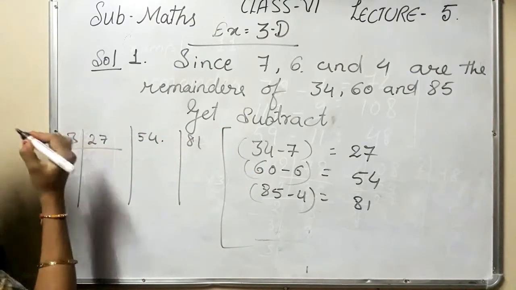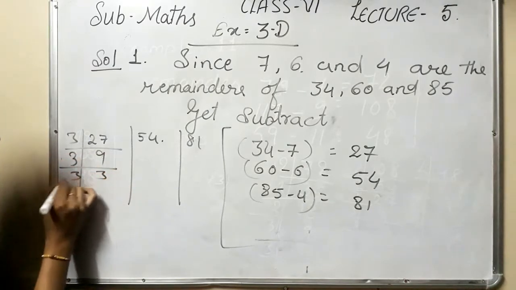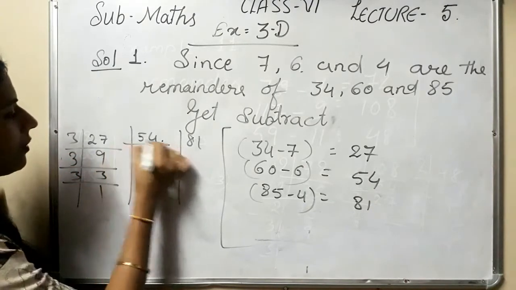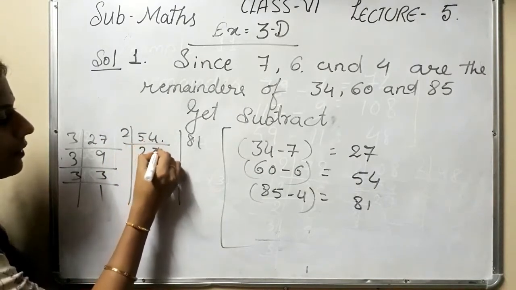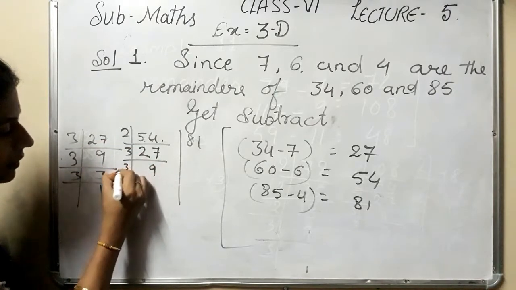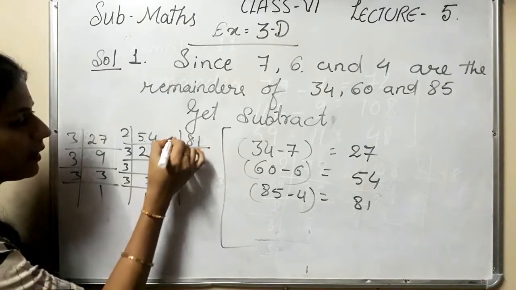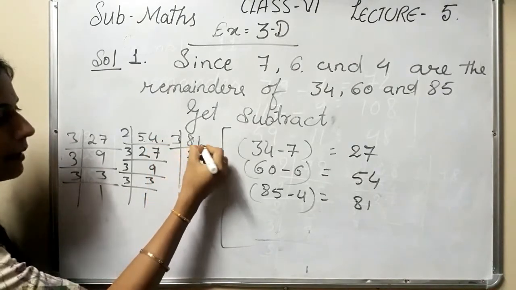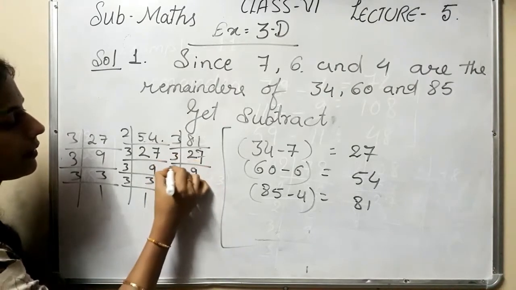See, by 3 you will divide it. 3 9s are 27, 3 3s are 9, 3 1s are 3. Again by 2 here you can divide, 2 2s are 4, remainder 1, 2 7s are 14. Then by 3 you have to divide here, 3 9s are 27, 3 1s. Now here you have to divide by 3, 3 2s are 6, remainder 2 7, 3 9s are 27, 3 3s are 9, 1.